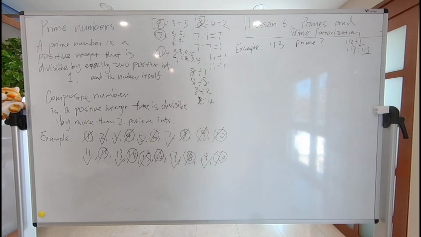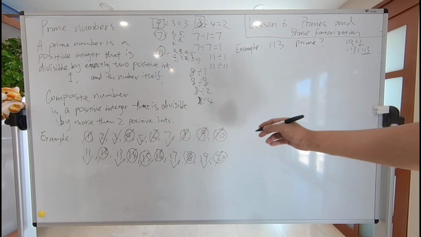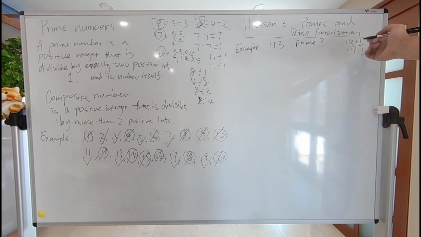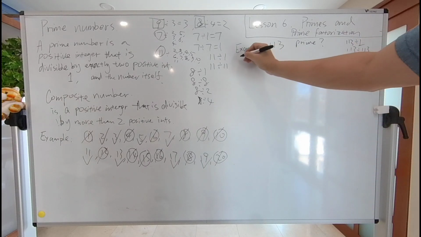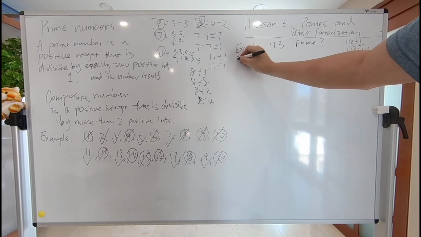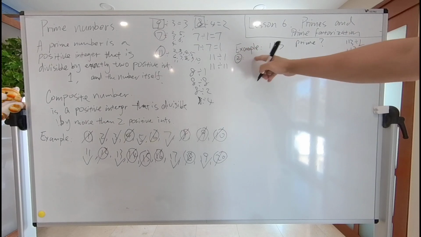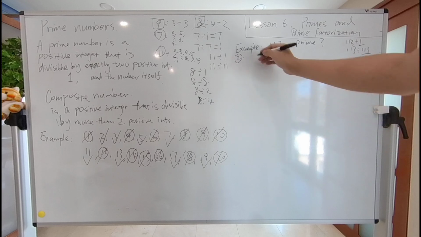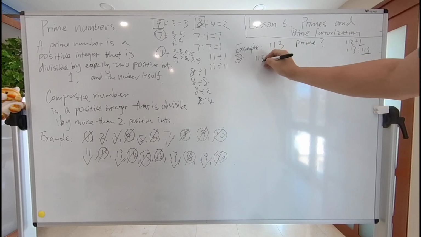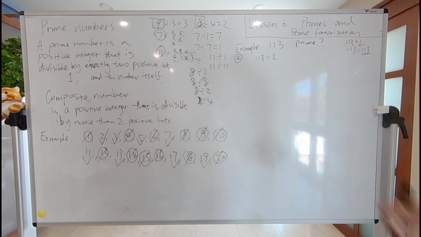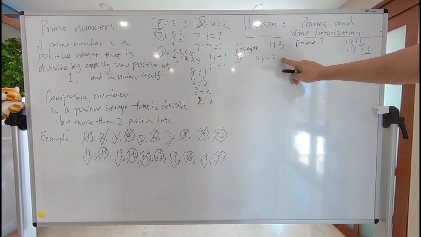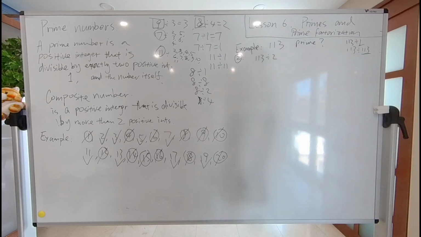Consequently, we need to check them starting from 1, or in fact starting from 2. Right? So is 2 a factor of 113? It is not, because it's an odd number. Now remember, here we can start using the conclusions that we just learned from the previous lesson.